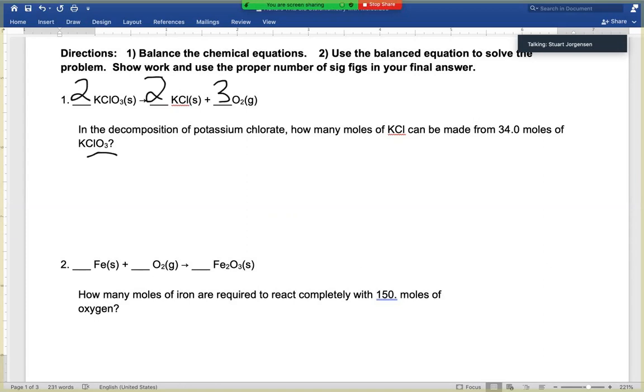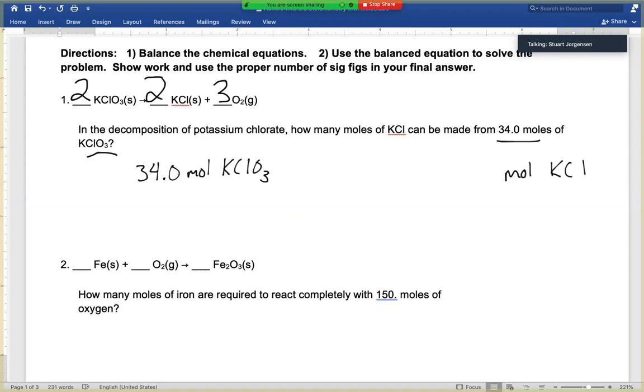We always start with our given, right? Here's our given. We're starting with our 34.0 moles. And now it is really going to matter that we bring our units all the way along, because we're actually going to be changing our moles here. So we know here's how many moles of this stuff we're starting at. We want to figure out how many moles of potassium chloride we can make.